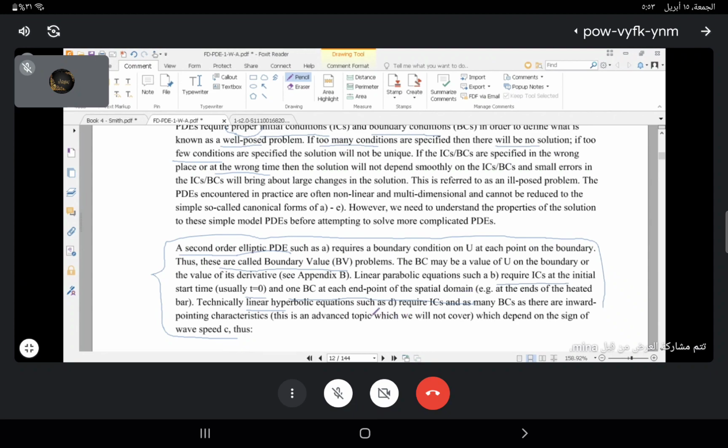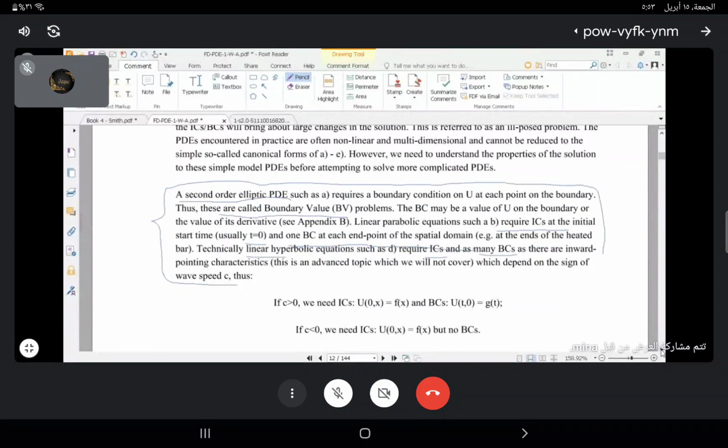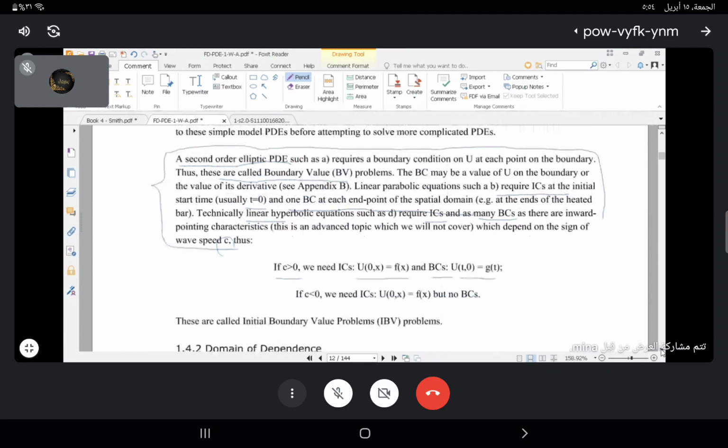A linear hyperbolic equation requires an initial condition and boundary conditions, and the boundary condition required depends on the sign of C. If C in the wave equation is greater than 0, we need the initial condition U(x,0) equal to F, and the boundary condition U(0,t) equal to G. If C is smaller than 0, we need only the initial condition, and we don't need a boundary condition.